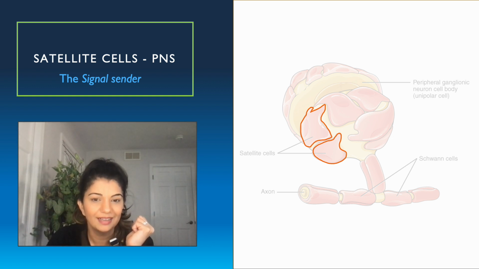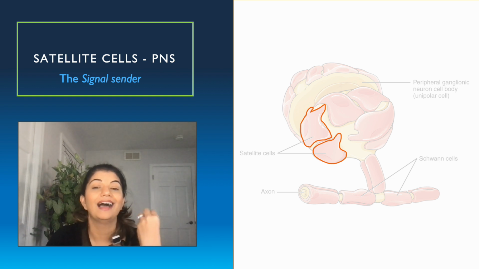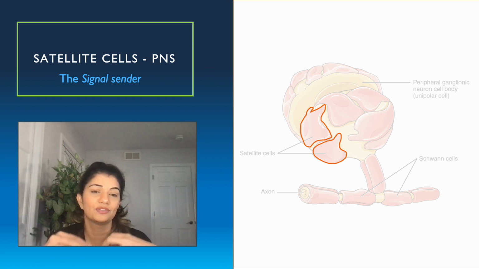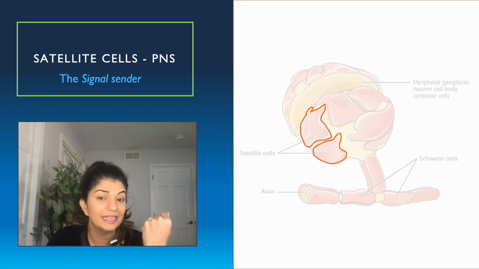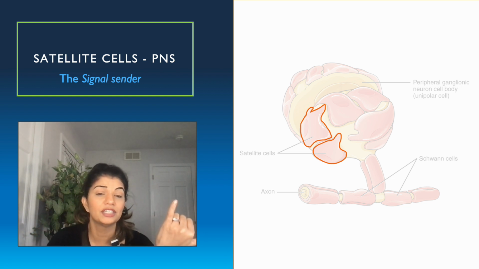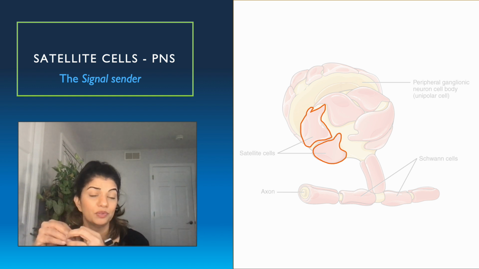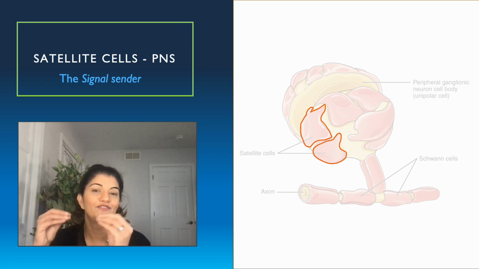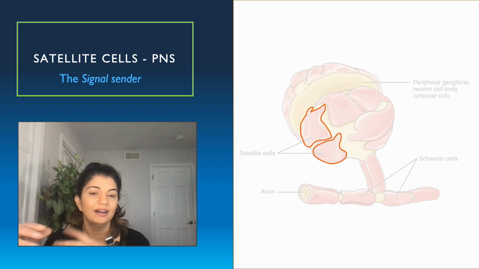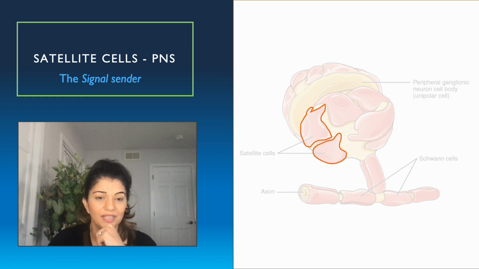They control the extracellular environment by regulating things like ion concentration or neurotransmitter levels, and they're very important specifically for nerve regeneration after an injury, for example. So satellite cells are found in the peripheral nervous system.